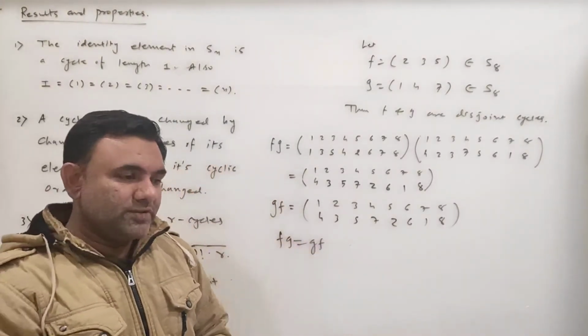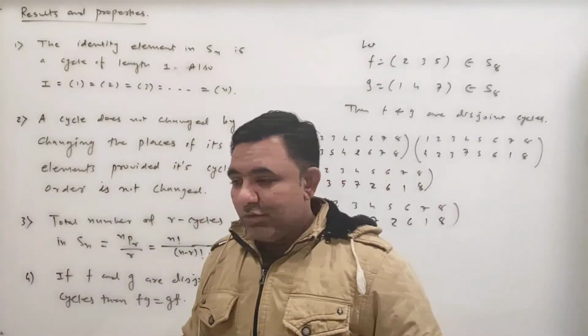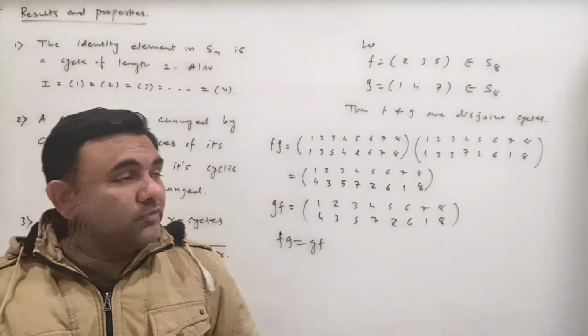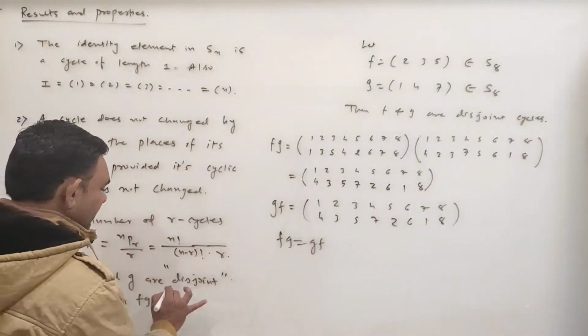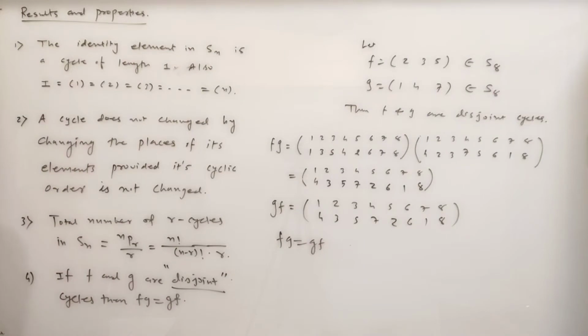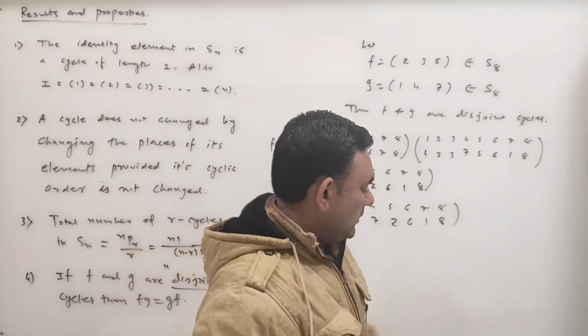If you take any two permutations, then they will not commute. If you take any two cycles, then you can't say that they commute. But if you have two cycles and they are disjoint, this word is very important, disjoint. If F and G are disjoint cycles, then you have the guarantee that they commute. Okay.